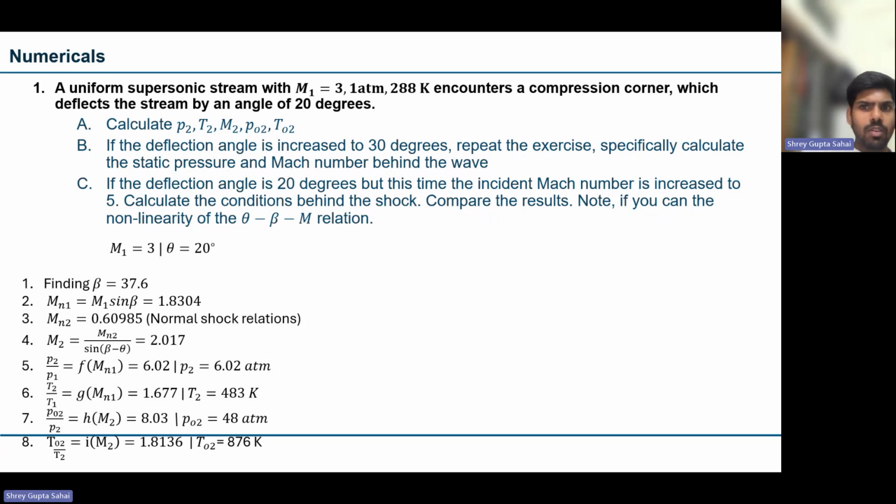This MN1 calculation is also okay. M2 is okay. P2 by P1. P2 is 3 point, hey, 1 second. That's a mistake I made, it seems. Let me just correct that. There is some mistake which I made with P2 and P1. So let's go back and see.